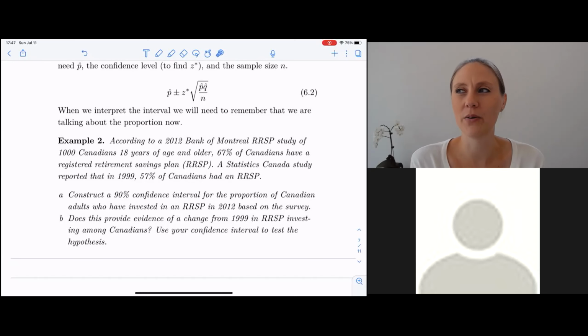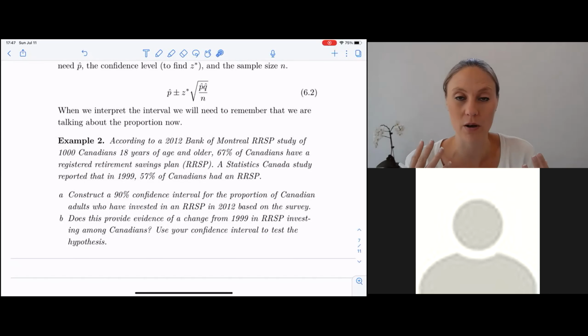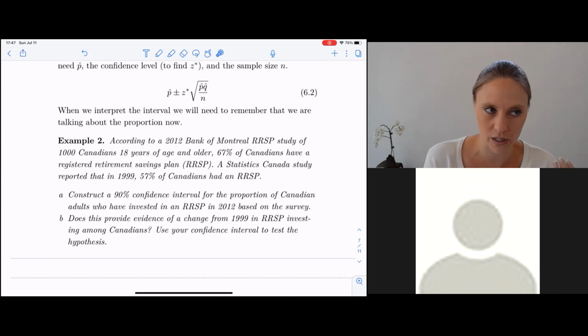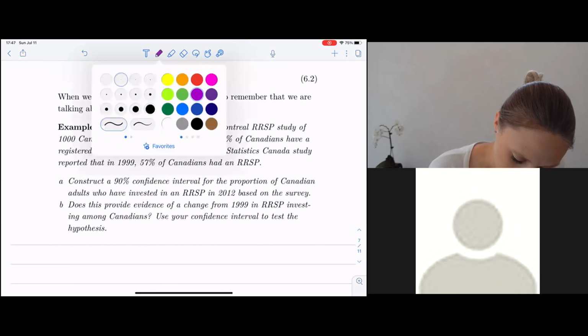Earlier, we found, now I can't remember if it was like 48 out of 156 or something like that, had chosen the paired samples. So then I give you the number of successes and the sample size, and then you have to find the sample proportion. Or in this case, fine, we'll just do it together here.